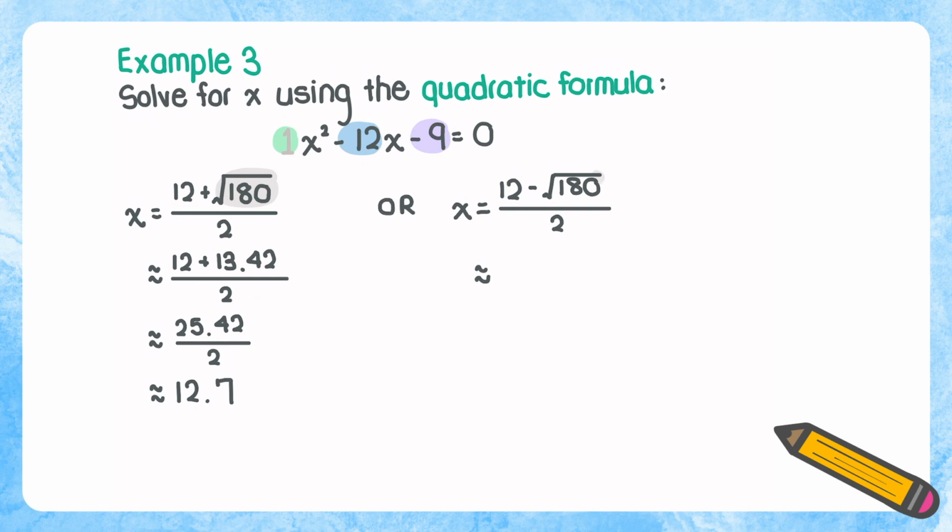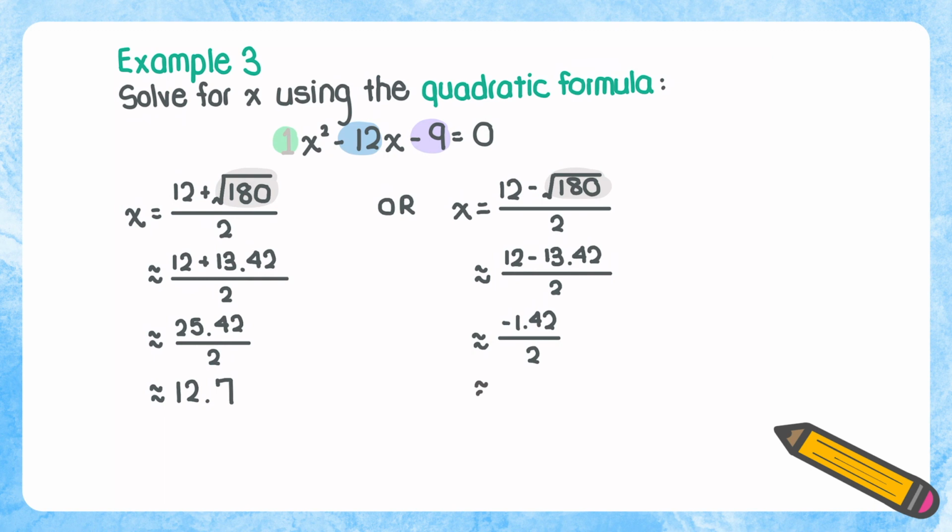For the second potential solution, we have that x is somewhere around 12 minus 13.42 over 2, which would be negative 1.42 over 2.